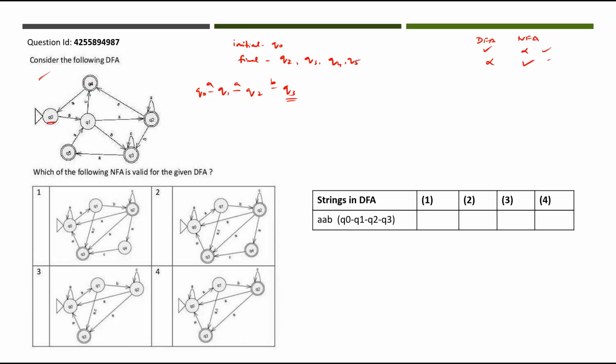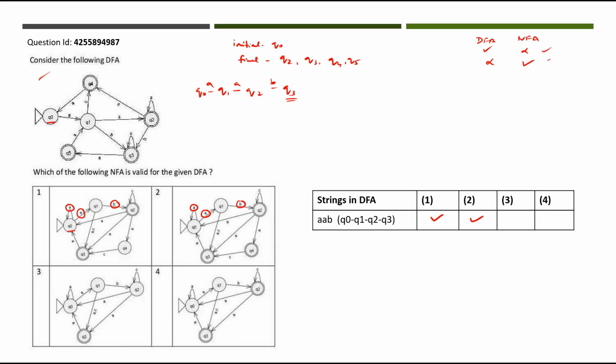Now we will check whether we are able to get it in options 1, 2, 3 and 4. We will start with Q0. We have A. This A can be taken under the self loop, another A and then B. It is ending up in a final state. So it is accepting. What about option 2? We have A, B. This is also fine.